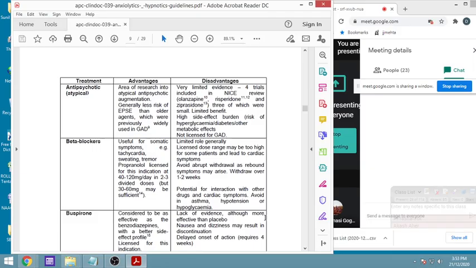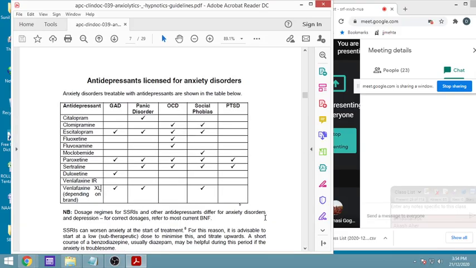There is potential for interaction with other drugs and cardiac symptoms. It should be avoided in asthma because of beta 2 related effects, hypotension and hypoglycemia. Then next is buspirone.